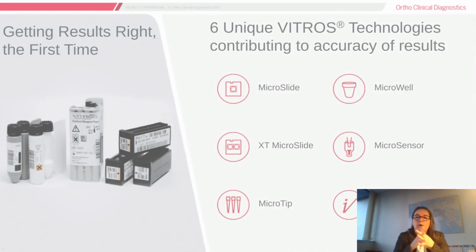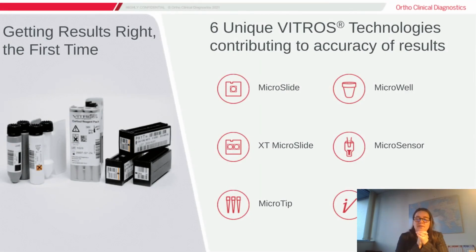Getting close to the summary of this presentation, I want to mention that we have these 6 unique VITROS technologies, which are the core of the VITROS analyzer. And as I've just described, they all contribute to delivering high quality results, which definitely help to get it right the first time, and ultimately support patient blood management, avoiding reruns, and improving turnaround time whenever possible.